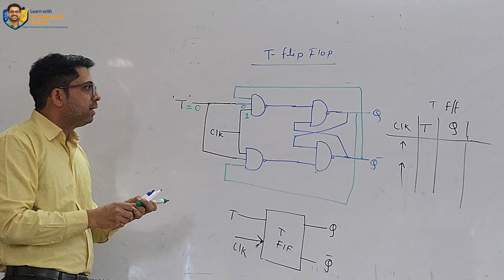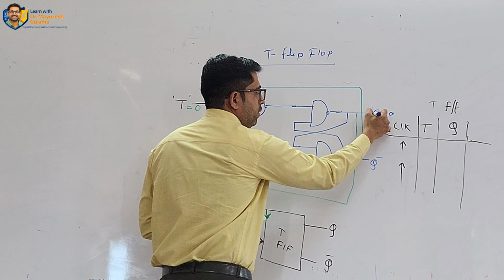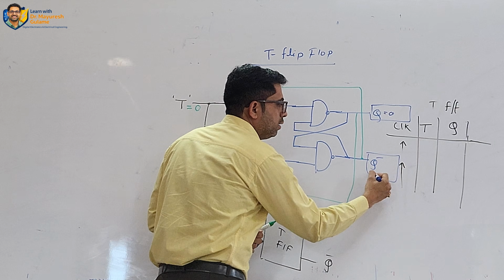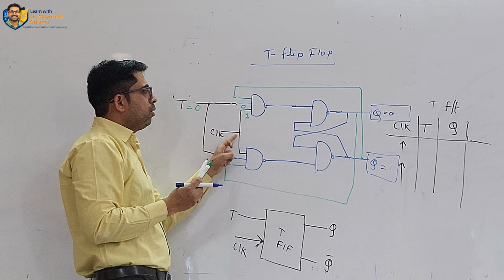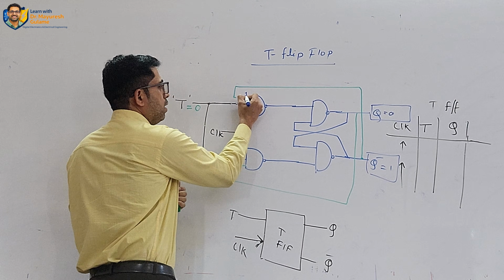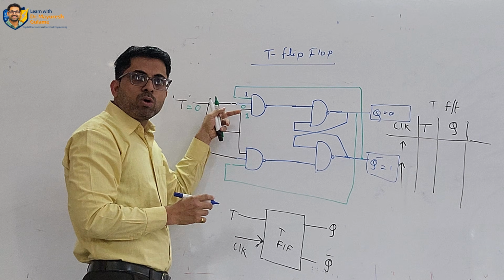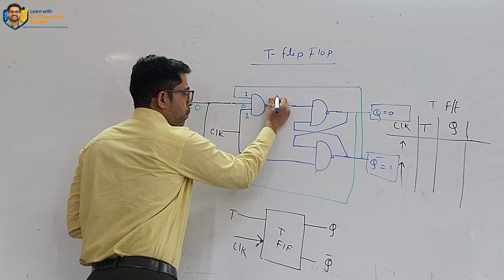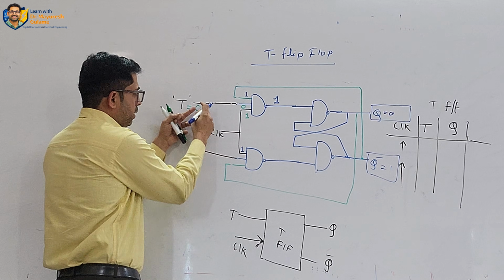Now assume that the value of Q in the previous case is 0. Then Q bar will be 1. Here my T is 0 and the clock is 1, so this will be 1. If any one of the inputs of a NAND gate is 0, the output is 1. Perfect. Similarly, the other NAND gate also has a 0 input, so its output is 1.